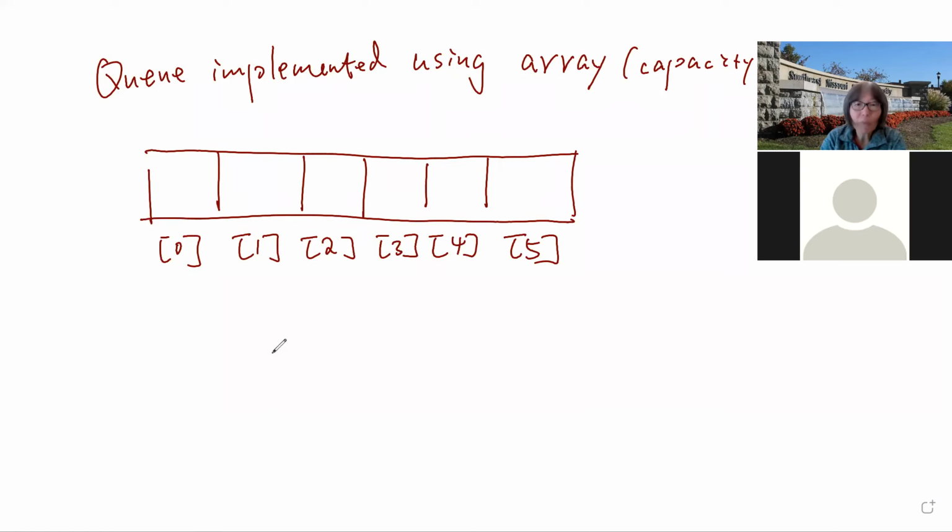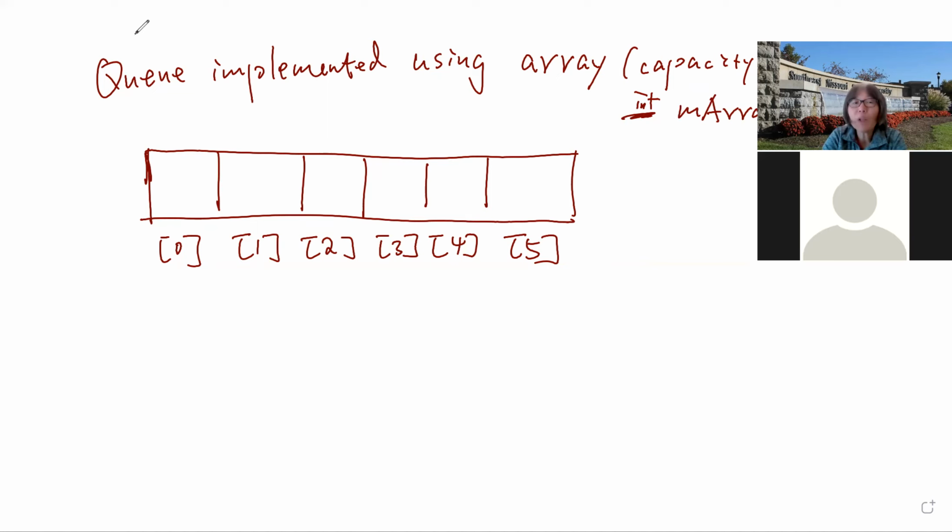And we assume the name is called mArray, and suppose it's an integer array. We are going to use it to store items for the queue.